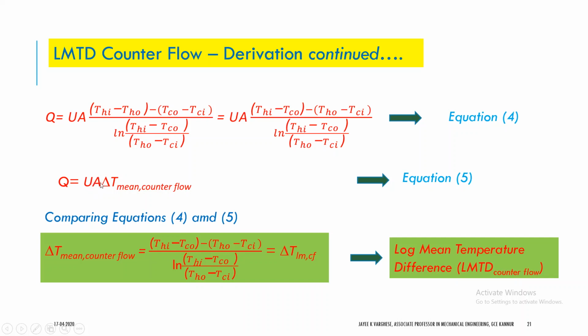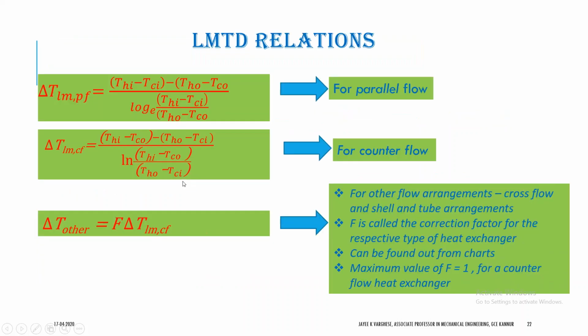For example, if the missing parameter is the area of the heat exchanger, or rather the length, we can calculate it knowing total heat transfer, overall heat transfer coefficient, and the LMTD. LMTD can be calculated using these equations for counter flow and parallel flow, or other heat exchangers, provided we know inlet and outlet temperatures of both the hot and cold fluids.